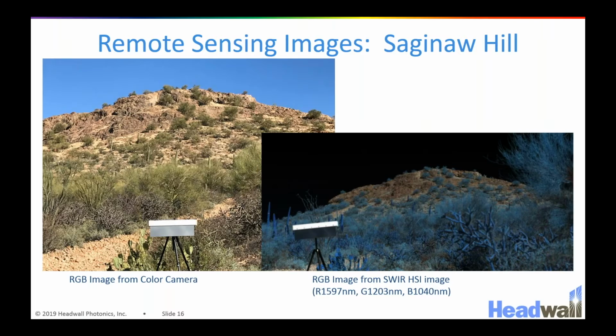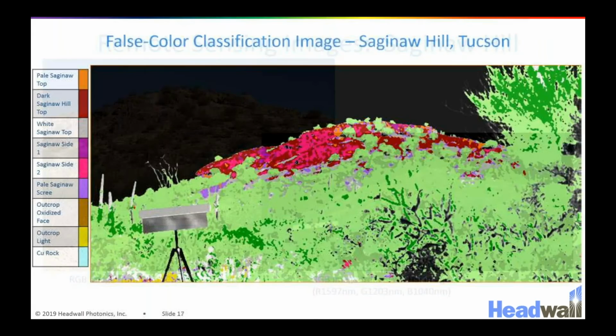characterization. This is just a camera phone RGB image of what we were looking at. This is your SWIR RGB image, where the red is 1597, the green is 1203, and the blue is 1040. Because there's no real red, green, or blue, your plants are kind of bluish and the rocks are still kind of brownish, but the red, green, and blue are arbitrarily chosen.